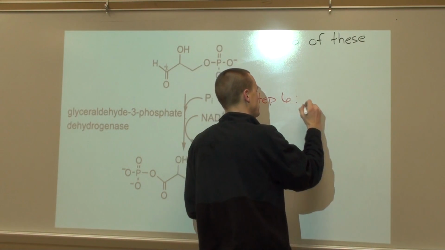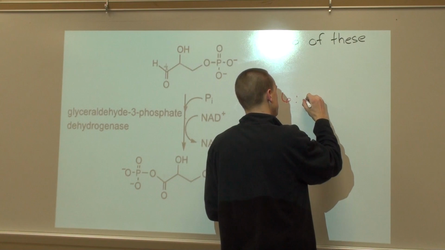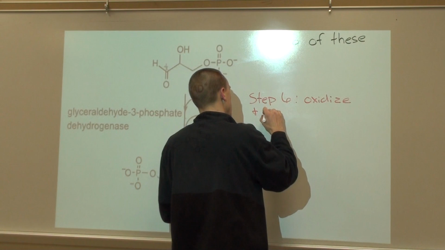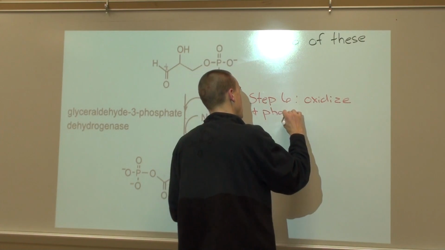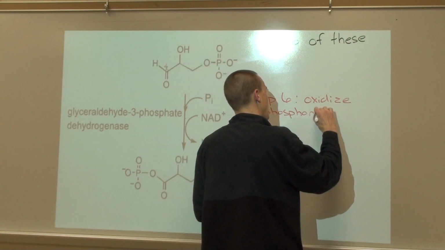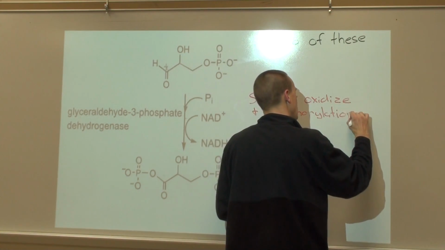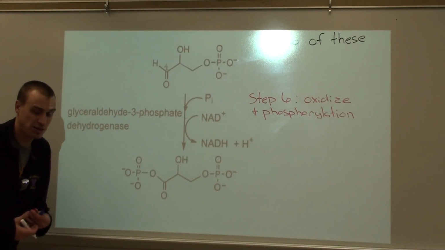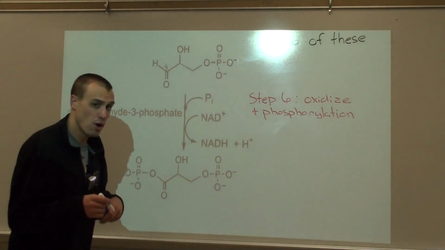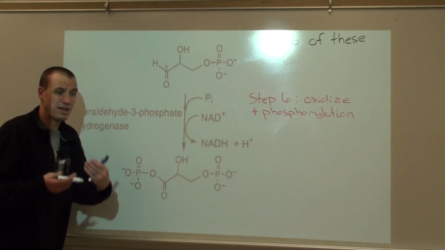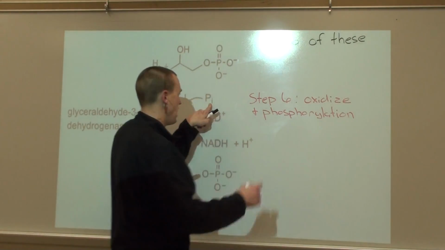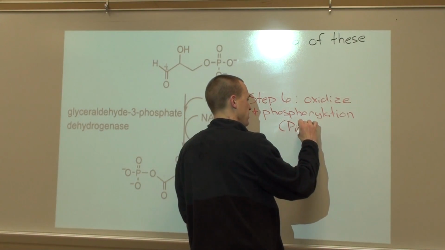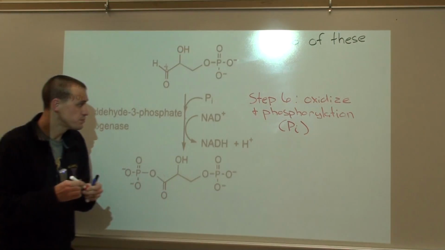So step 6. We oxidize our molecule and we undergo that phosphorylation. And for our phosphorylation, we add that additional phosphate through this molecule known as P sub i. That's just adding a phosphate.